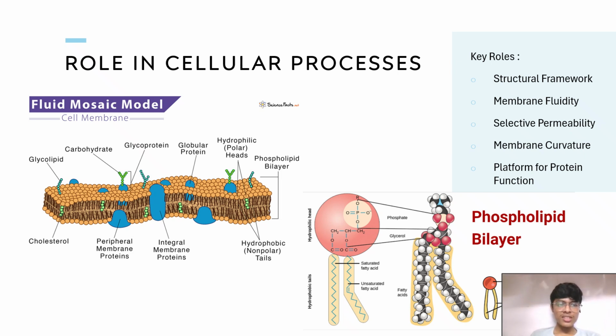Lipid composition directly influences membrane fluidity, as the unsaturated fatty acids in the tails prevent tight packing and increase fluidity. Another one is selective permeability, which acts as a barrier to some uncharged or charged molecules, and membrane curvature.